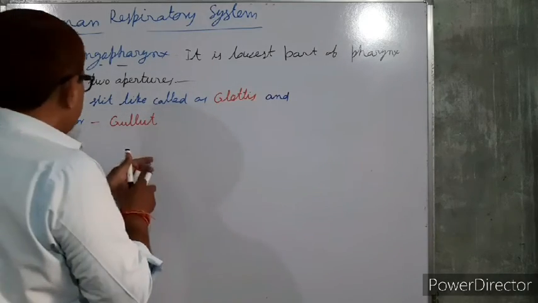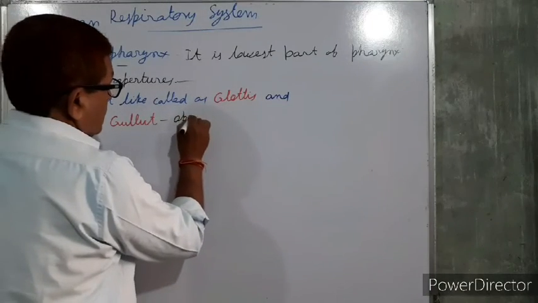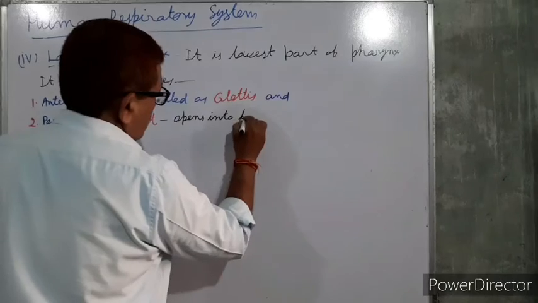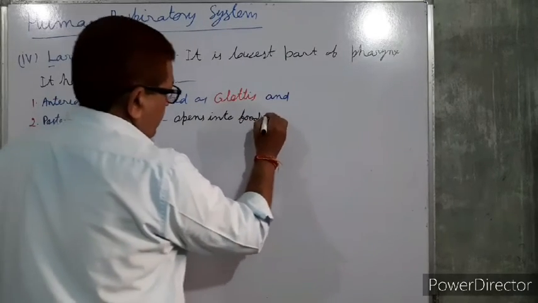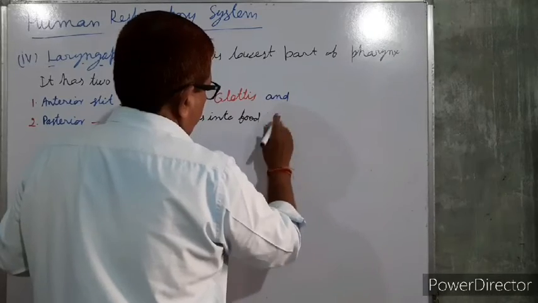This gullet opens into the food pipe or esophagus.